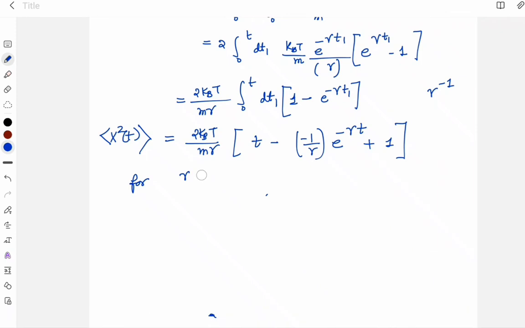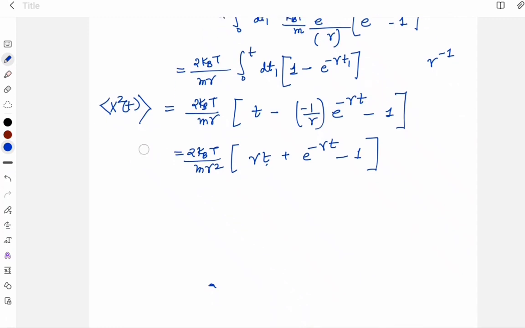So let me write it this way: 2kBT over mγ², γt minus or plus e^(−γt) plus 1. I'm making some mistake, I guess, because this minus 1 over gamma is here, so there will be a minus sign here. Okay, now this expression is correct.